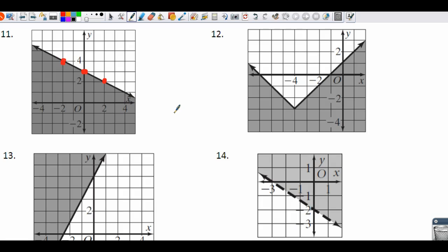So we're shaded below, so y would be less than. My graph line is solid, so it's equal to. My slope is going down 1 and over 2, so negative 1/2. And my y-intercept is at positive 3.